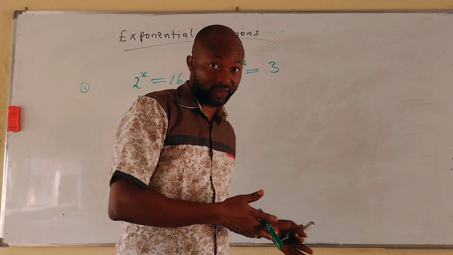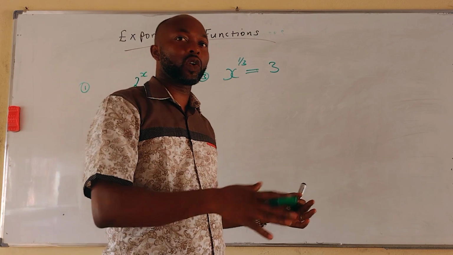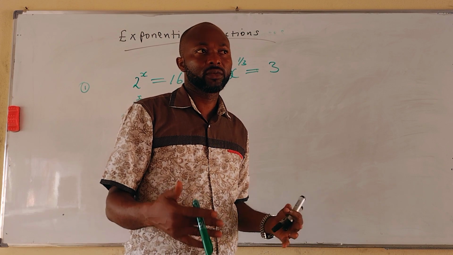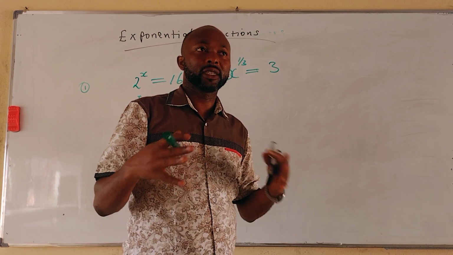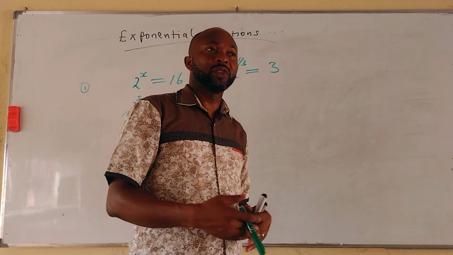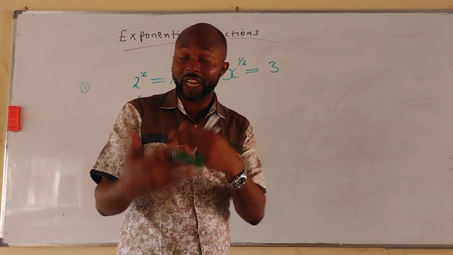This is indices, don't forget that. But there are other topics that can always come across it. So mathematics is a unified course or subject whose knowledge is vastly used almost in everything you do. So even in one topic or the other, you continue to see various other topics reflecting.